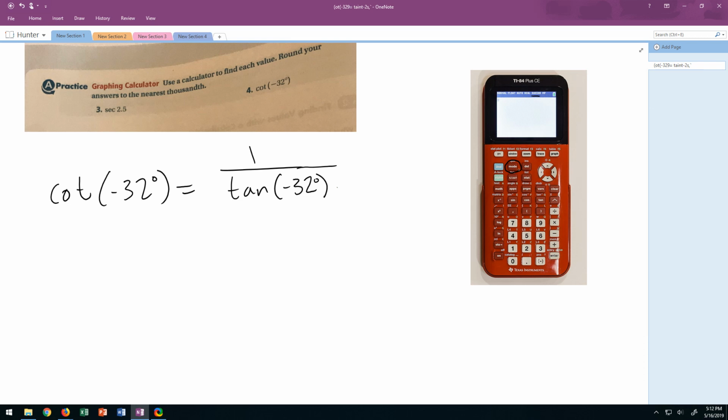All right, 1 divided by the tangent of negative 32 degrees. For me, it spits out, oh, well, hold on a second. It's going to be negative 1 over the, okay, got it. All right, I want a numerical approximation here. How do I get a numerical approximation here?